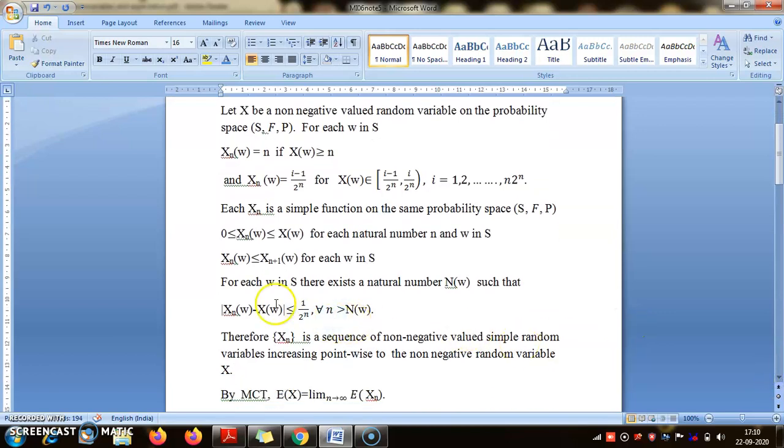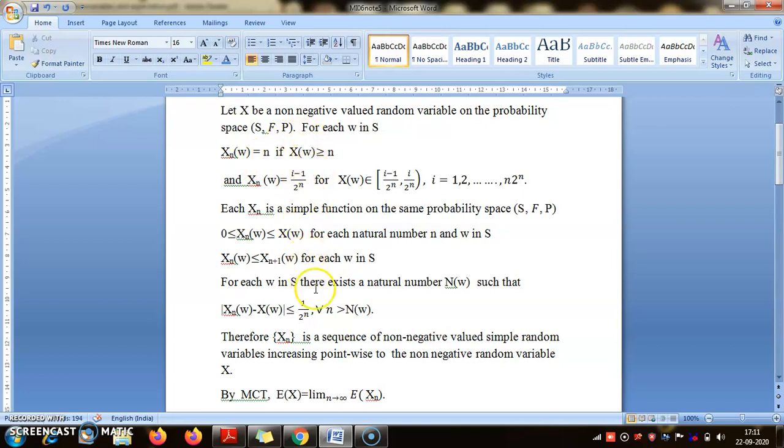And this part may be a bit unintuitive for you. What I am saying is that for every ω in S, every point in the sample space, there exists a natural number nω such that the difference between X(ω) and Xn(ω) is less than 1 by 2 to the power n for all n exceeding nω. Why is that so? Because your X(ω) is a fixed non-negative number.